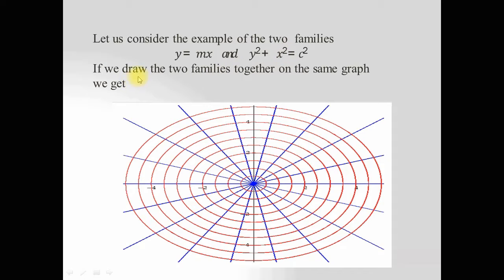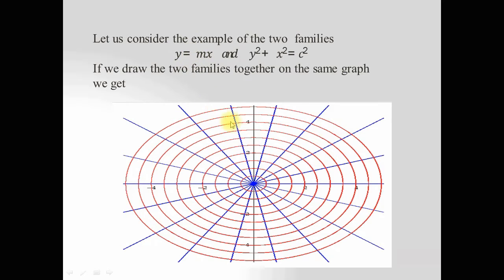Now if we draw the two families together on the same graph, the blue colors are the lines, and the red colors represent the curves, the family of circles through this equation.